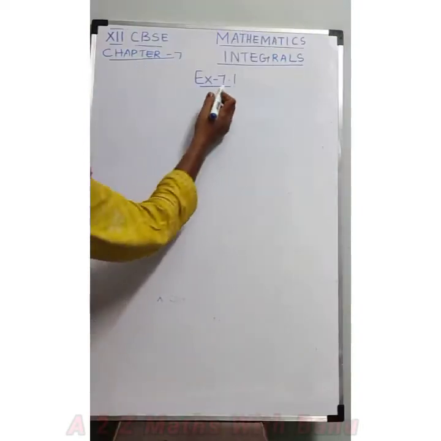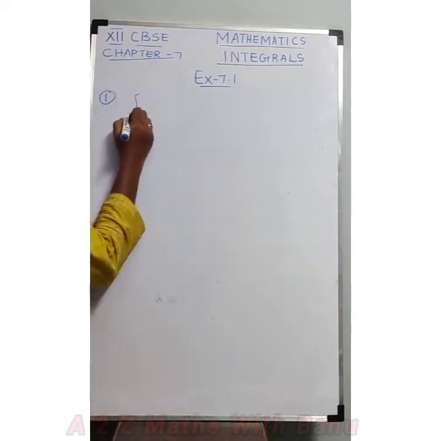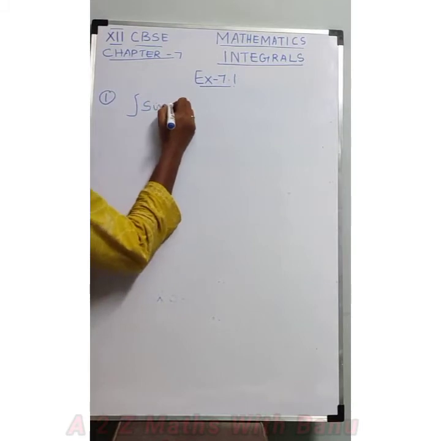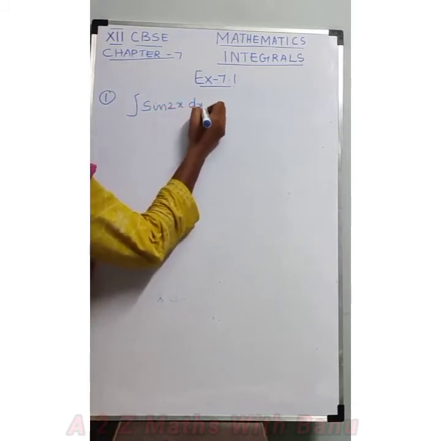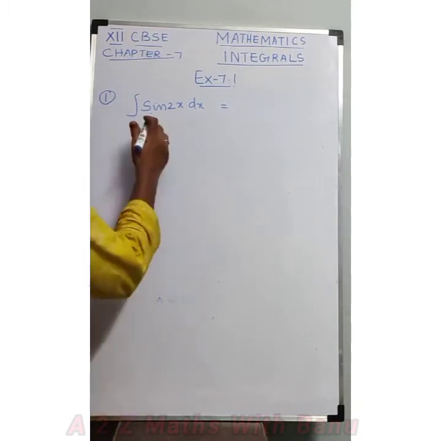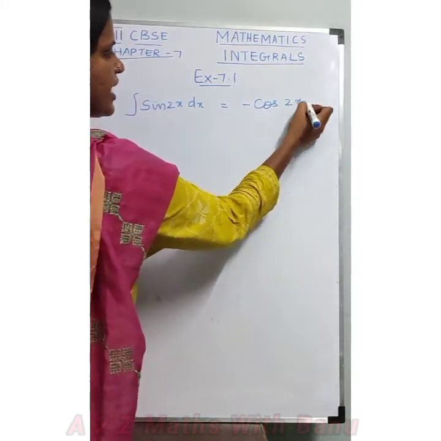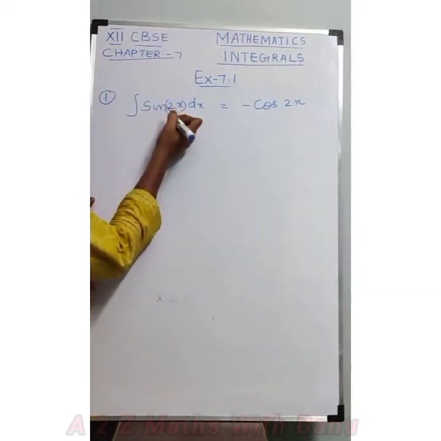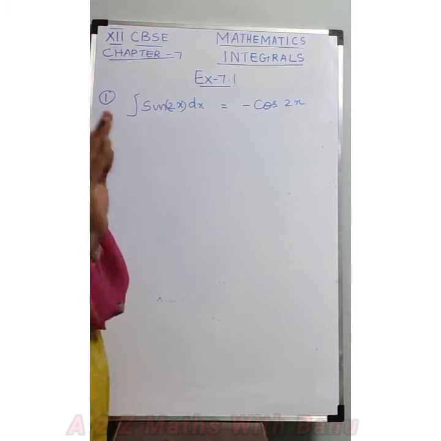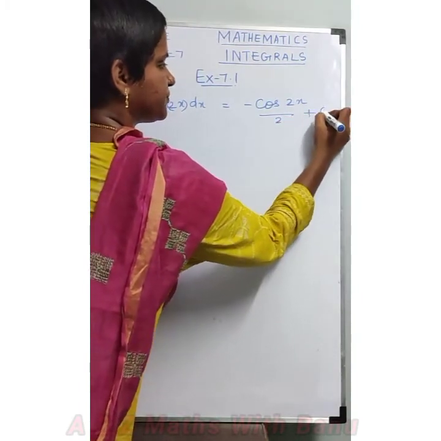Now we have problems under 7.1. First problem is integrate sin 2x with respect to x. We know that the integration of sin x is minus cos x, so that is going to be minus cos 2x, but here the argument is not simply x, it is a function of x, whose derivative is 2, which has to be divided.